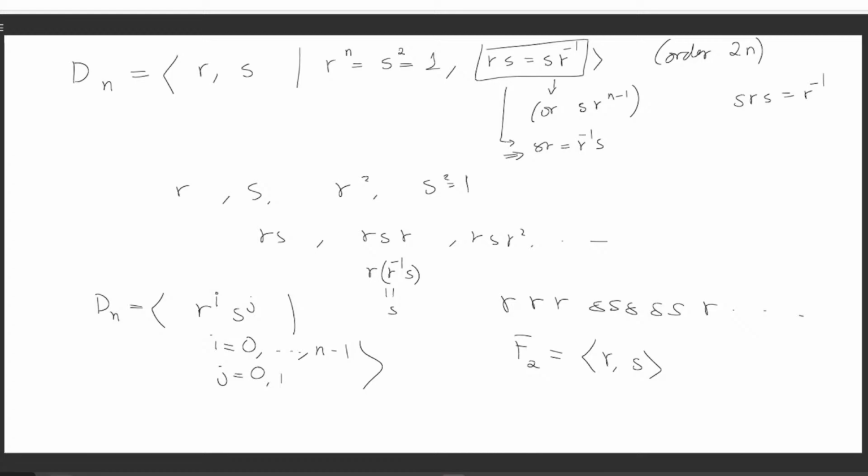So there you have some R power I1, S power J1, etc., R power IM, S power JM, for I1, etc.